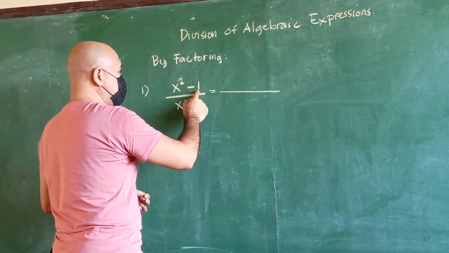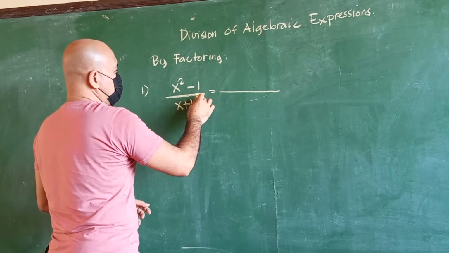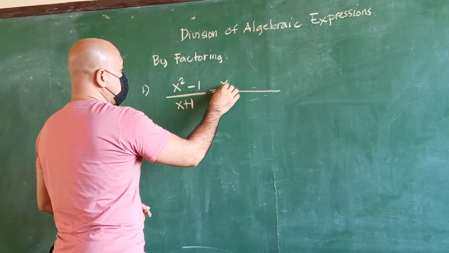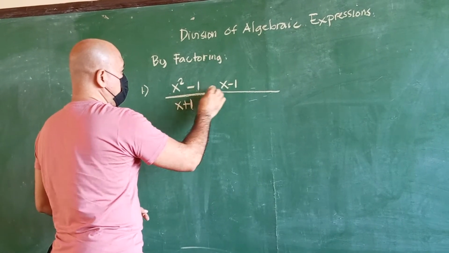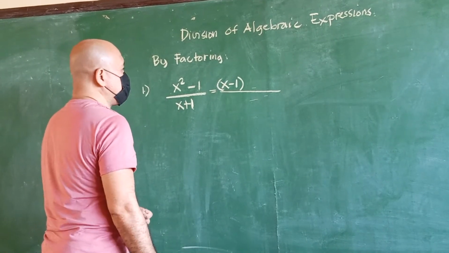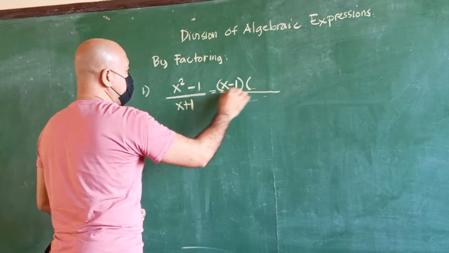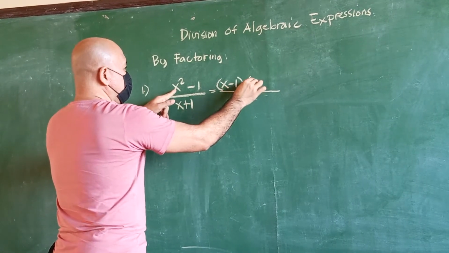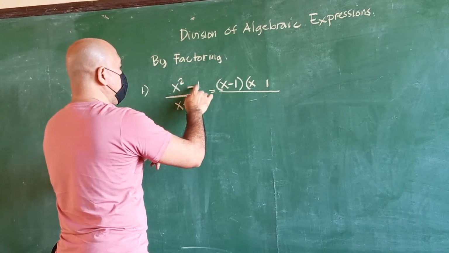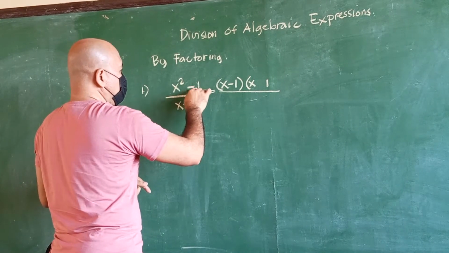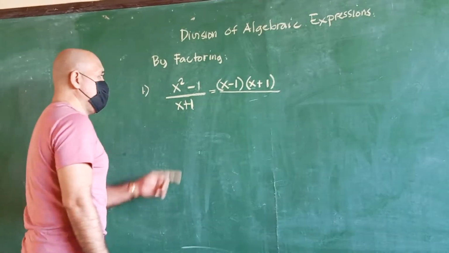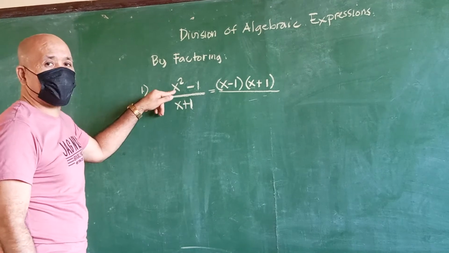The factors of a difference of two squares: copy x, then the operation, then 1, the second term, as the first factor. For the second factor, copy the first and last terms again, and take the opposite of the original operation, so minus becomes plus. That's how you factor a difference of two squares.